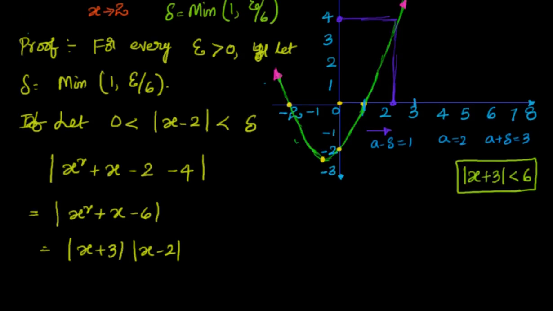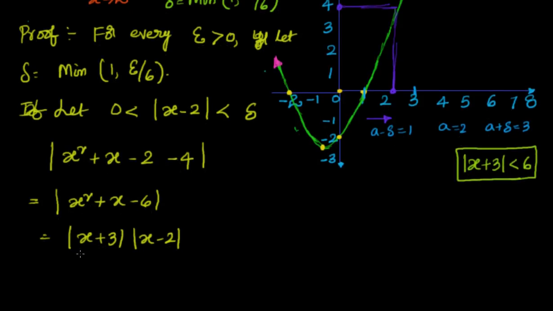But we know |x + 3| is less than 6. So can I say this is less than 6 |x - 2|? That I will write as 6|x - 2| is less than 6 delta. So that is nothing but equal to 6 into epsilon by 6.